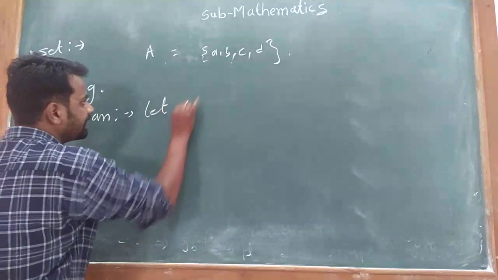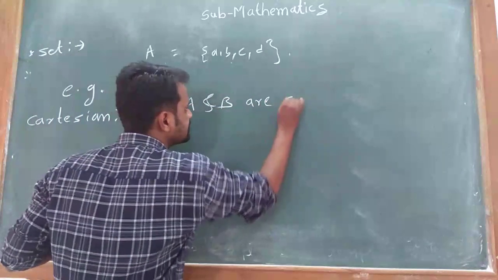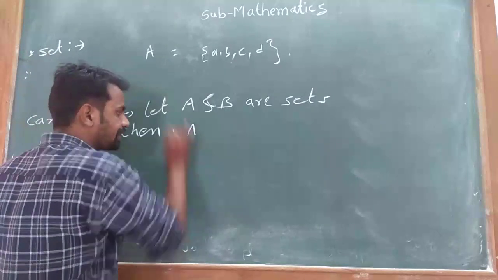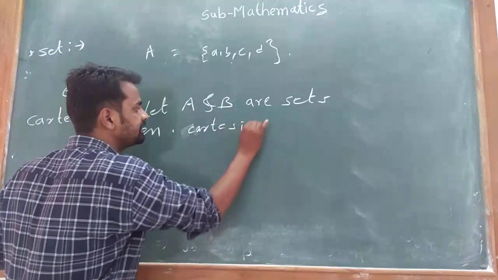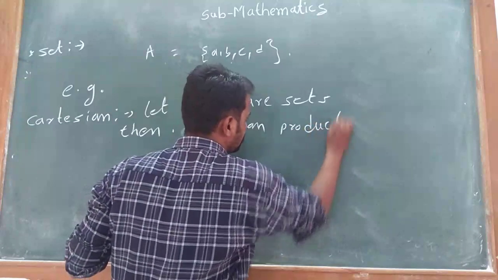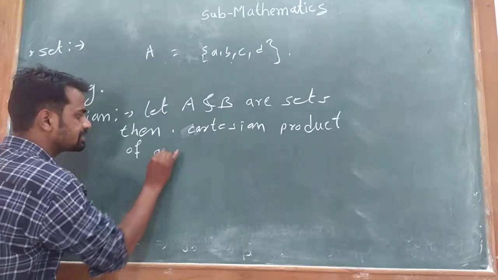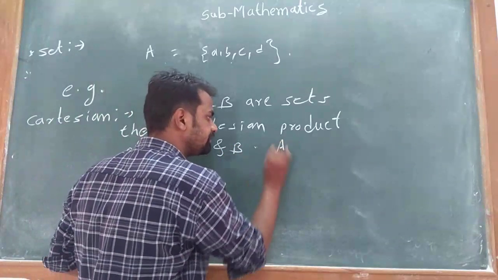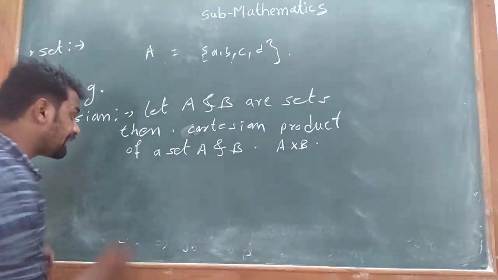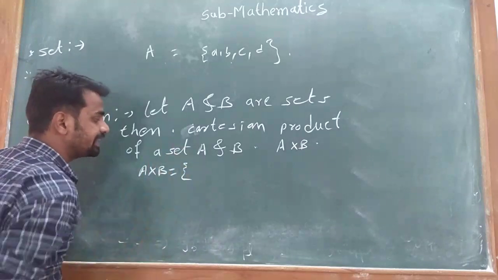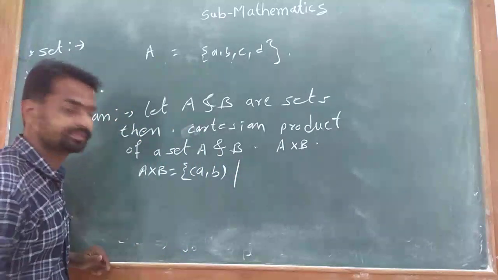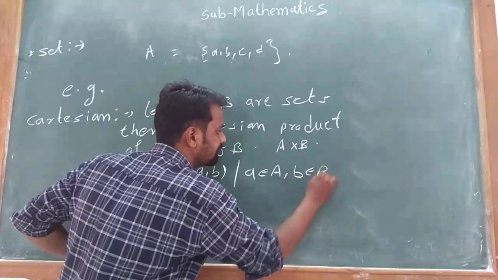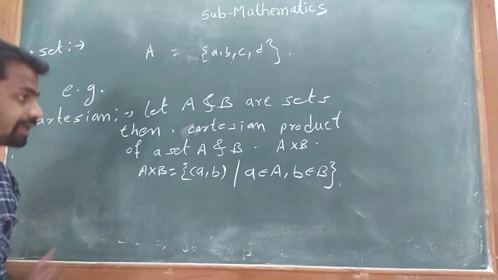Let A and B be sets. Then the Cartesian product of sets A and B is denoted by A cross B and defined as A cross B equals the set containing ordered pairs (a, b) such that the first element belongs to the first set, that is small a belongs to capital A, and small b belongs to capital B. This is also studied in ninth standard.